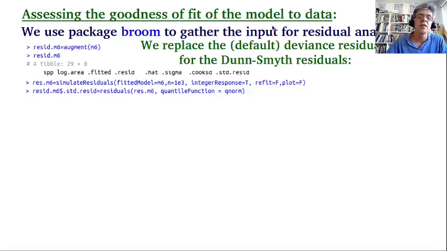I recall that this conversion does not force the Dunn-Smyth residuals to have a normal distribution. They would only do so when the GLM fits the data adequately.